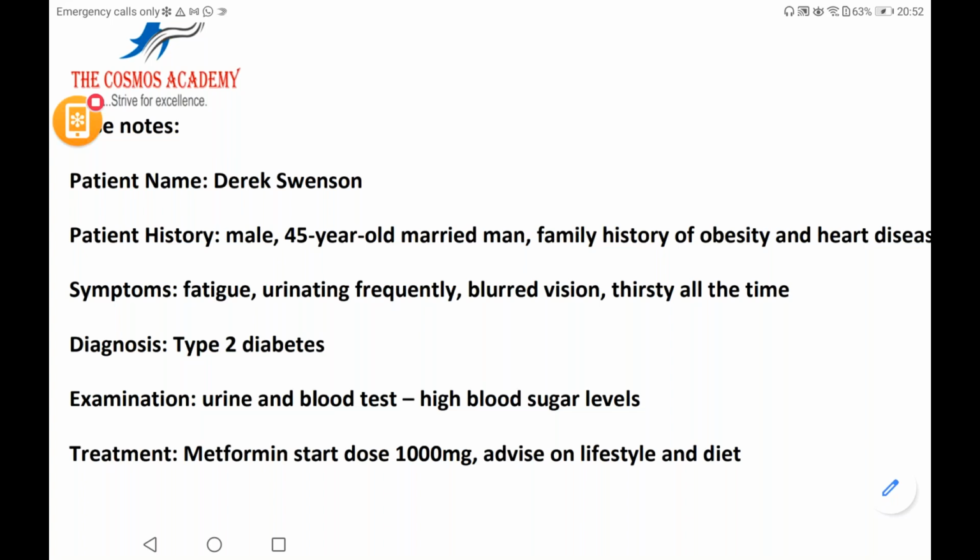He has had obesity and heart disease. Fine. As his sugar level is high, metformin 1000 mg has been commenced.